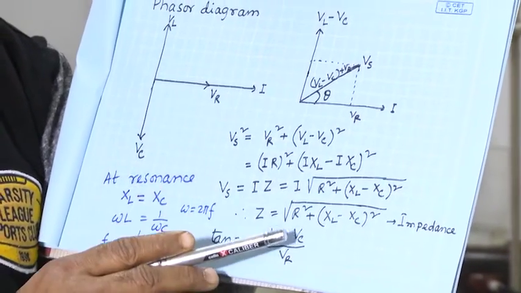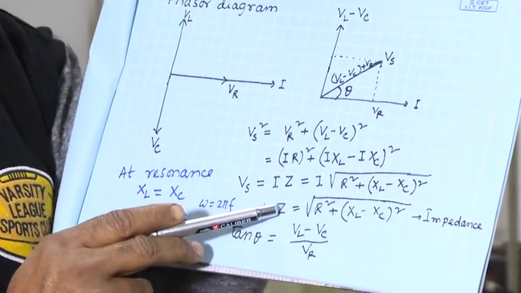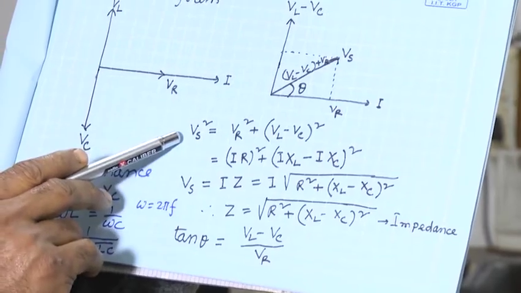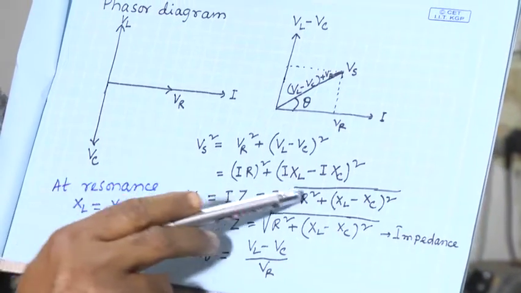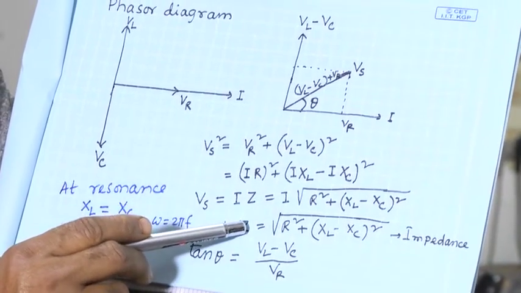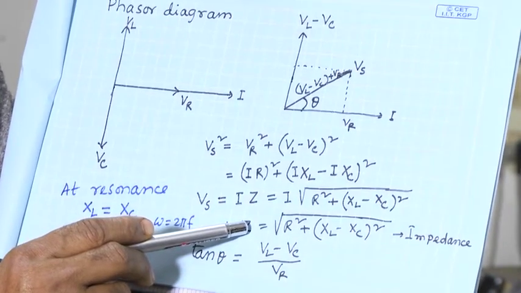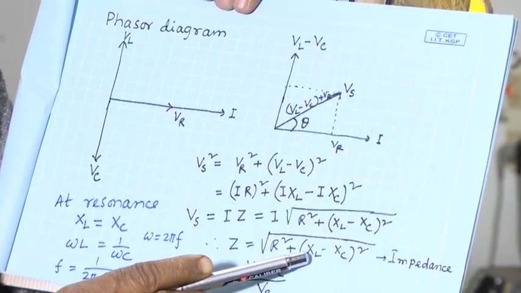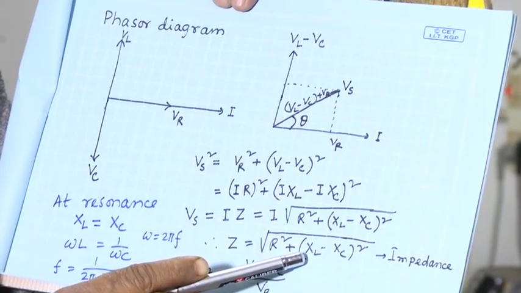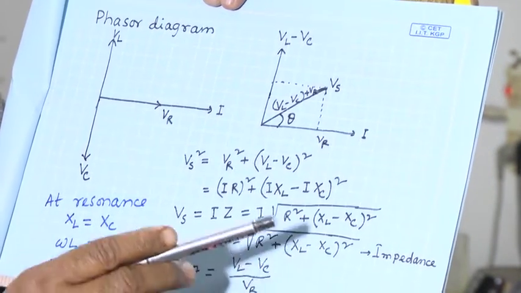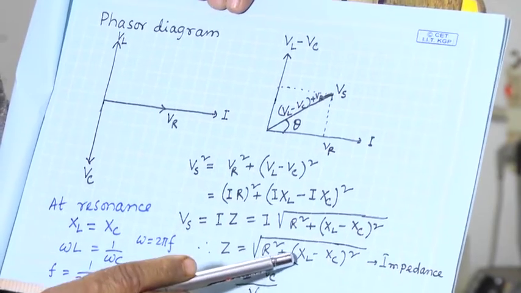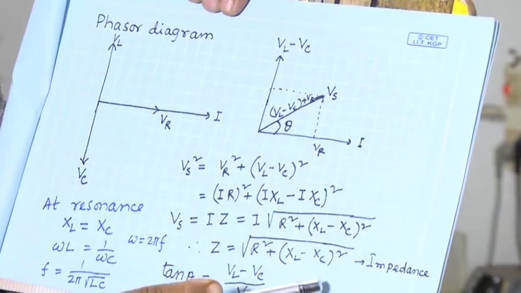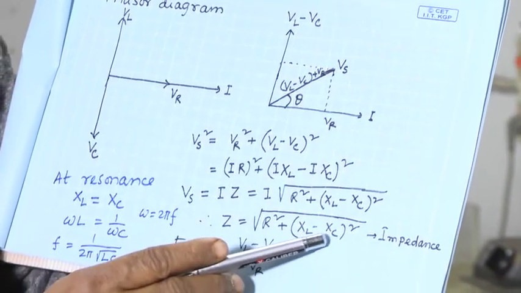And you can also find out the impedance. Basically, how will you get XL? If you know VL and I, from there you will get XL. Similarly, from VC and I, you will get XC.